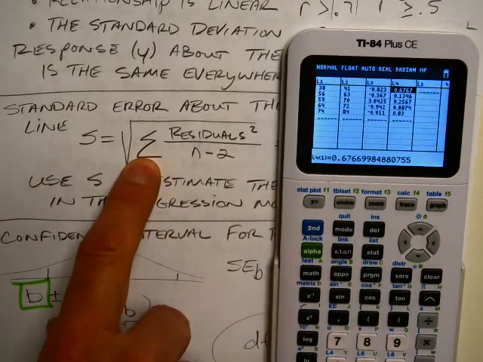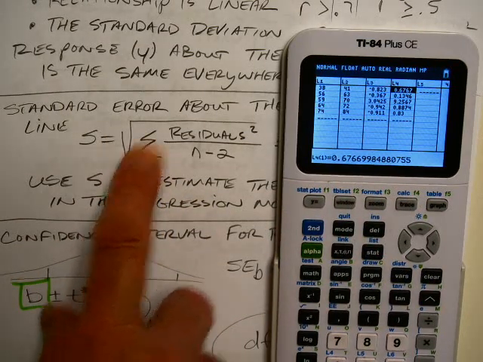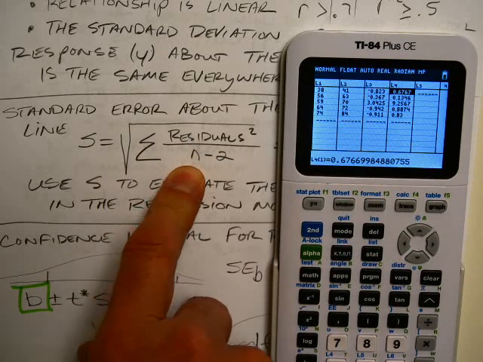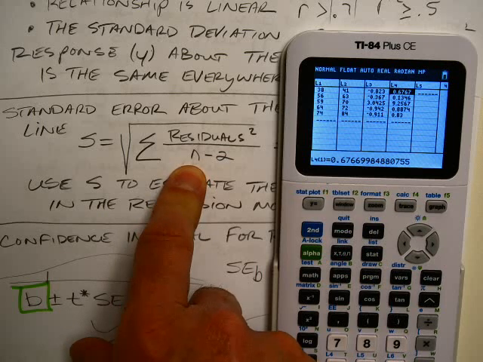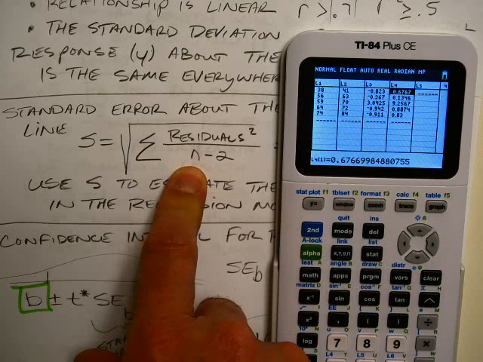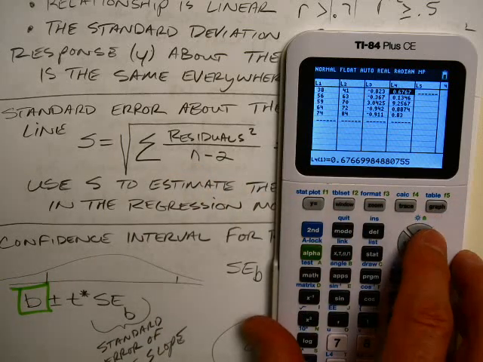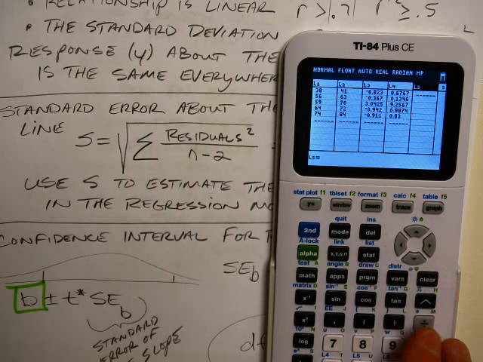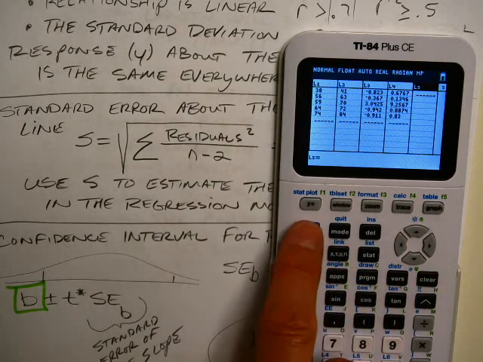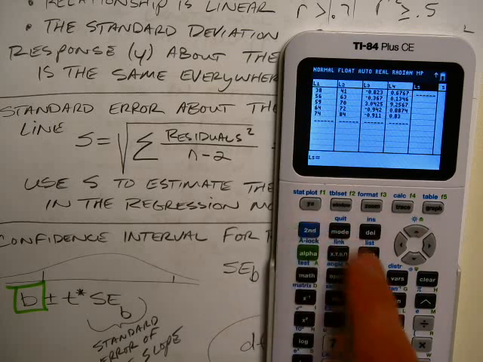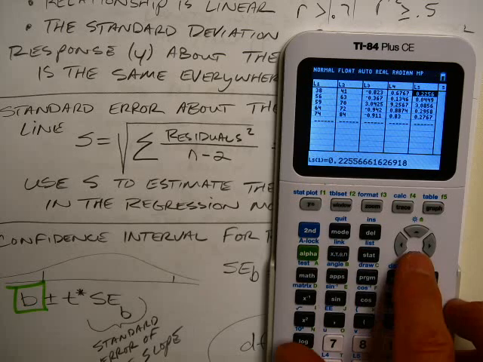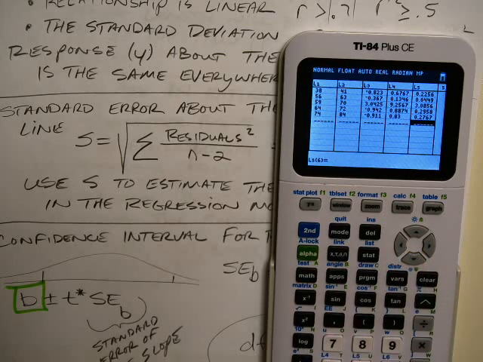Now, I need the sum, and then I divide by n minus 2. Well, what's n minus 2 going to be? 3, right. Actually, I wonder if I could just divide by 3. So if I take L4 and divide by 3, and now I've got L5.